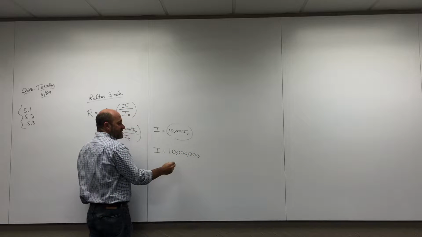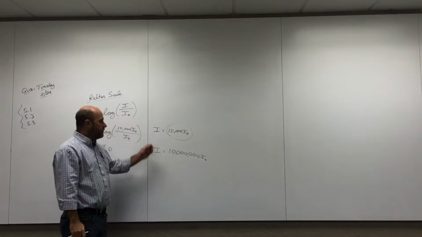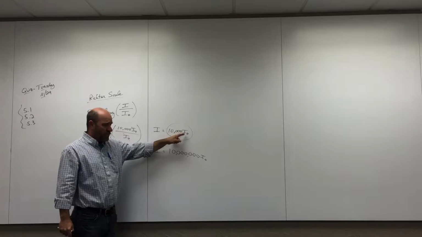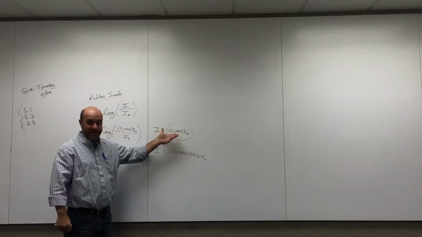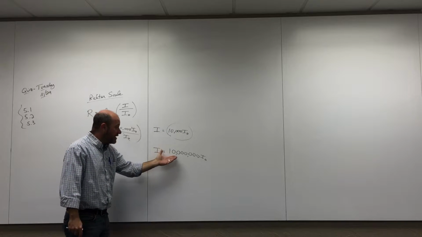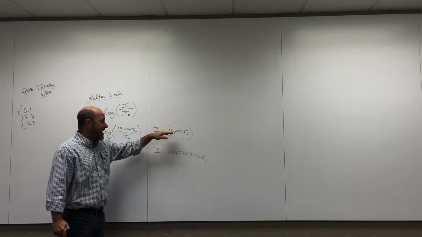This is 1,000 times stronger than that one. Wait a minute. The earthquake we just had was 10,000 I0. It was 10,000 times stronger than I0. This one is 10 million times stronger than I0. It's 1,000 times stronger than that one.